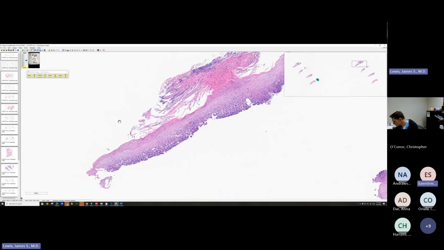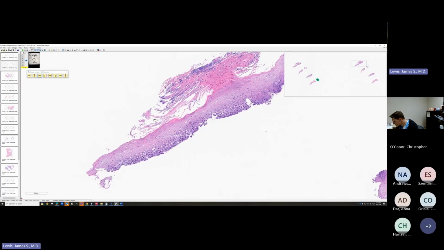But what gets me is if it has the architecture of the bulbous reedy, but also the cytology that looks like this, are those features then additive? Do I say that would be more likely severe dysplasia because now we have the bulbous reedy pattern, or I still don't have prominent mitotic activity, or the atypia going to the top. Those are the situations where I find it very, very difficult. How do I add these things together? Do I push it into the severe category?